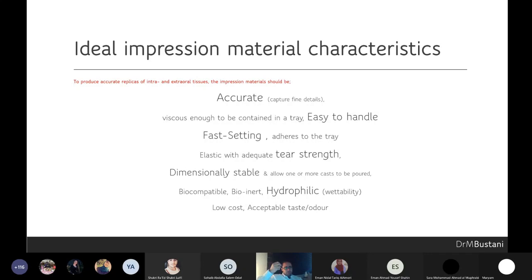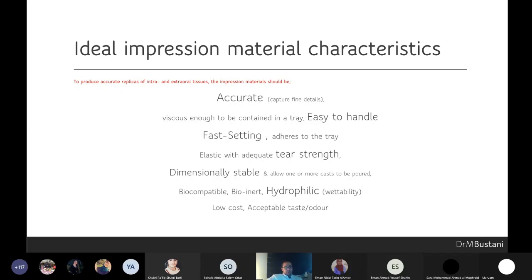The impression material should, to start with, be a little bit flowy, so it can flow and capture all the details around the teeth, the grooves, and your finish line when you prepare your teeth. Then when it's set, it should become elastic so it can be removed out of an undercut easily. We'll go into details about elastic and rigid impression materials in a bit.